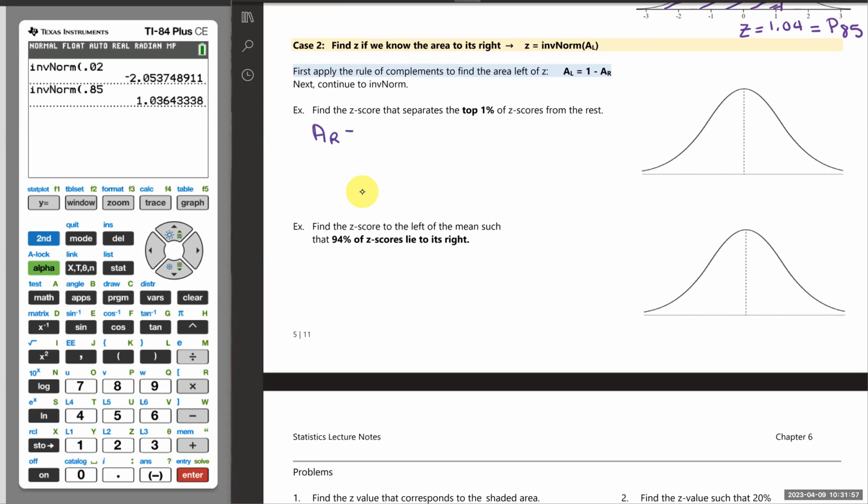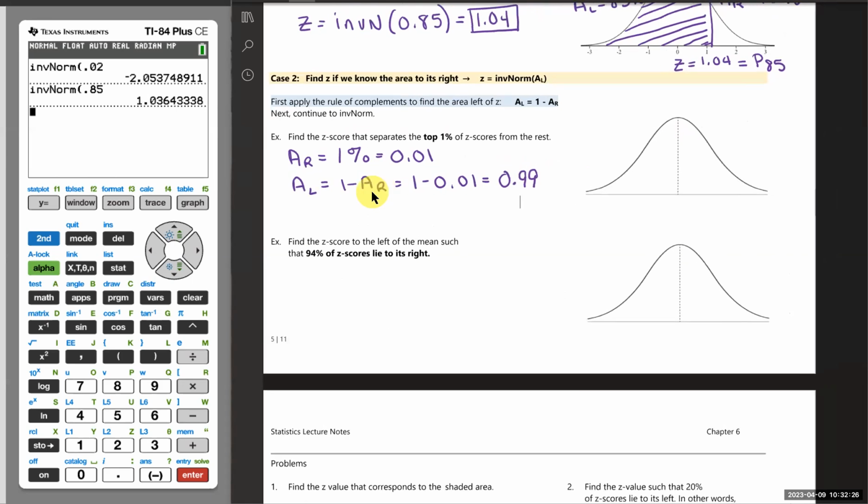So top is to your right. But we need to know the percentage to the left of it. So we just apply the rule of complements, working in decimal here. So if 0.01 areas to the right, then an area of 0.99 would be to the left of that z-score.